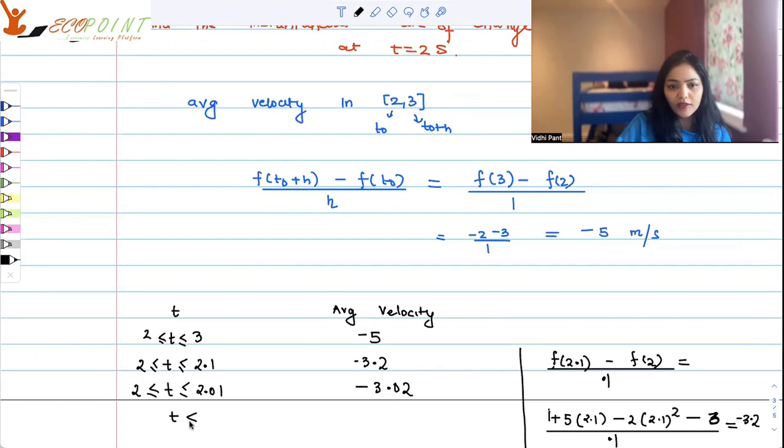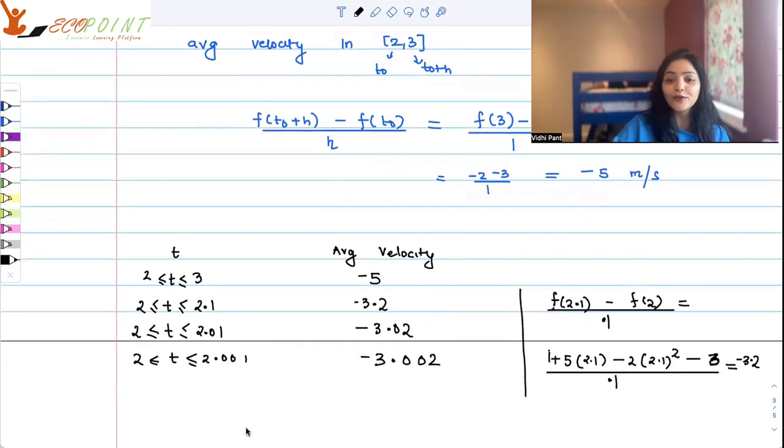Between 2 and 2.001, the result that you will get is minus 3.002. Between 2 and 2.0001, what you are getting is minus 3.0002. Can you see what's happening here?